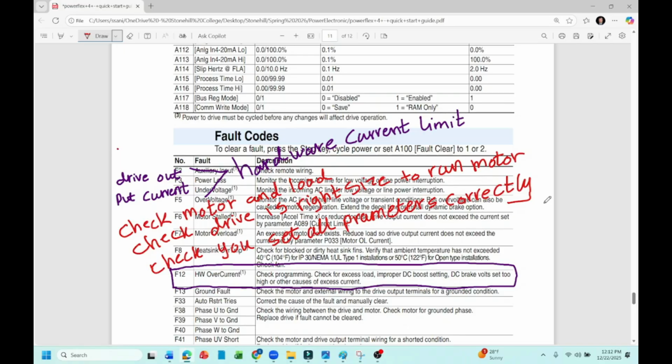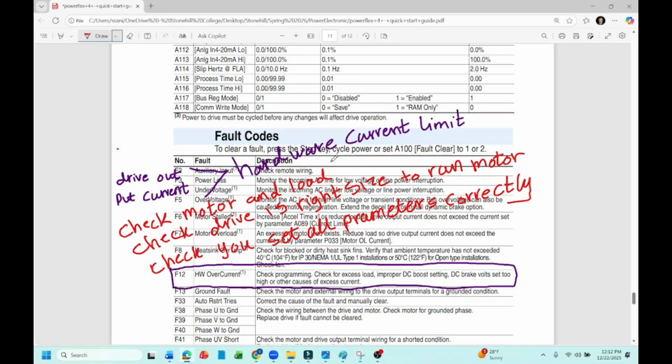Usually this error happens whenever drive output current is greater than the hardware current limit. So if your drive sends current that is out of the hardware current limit, usually you get this error. Whenever you see this error, just check your motor and load.